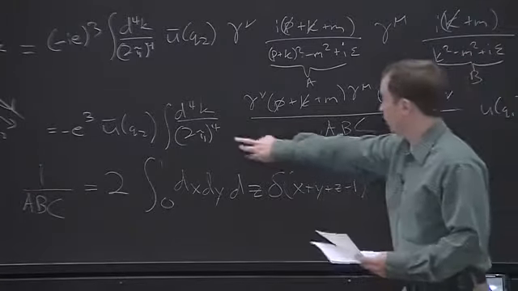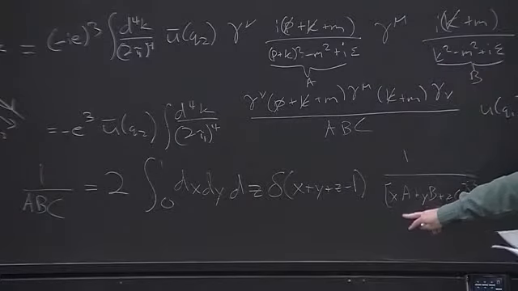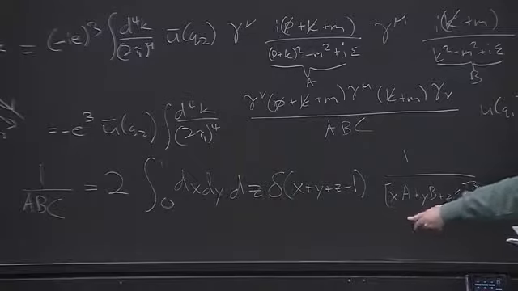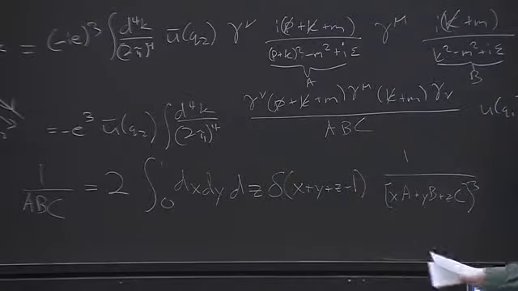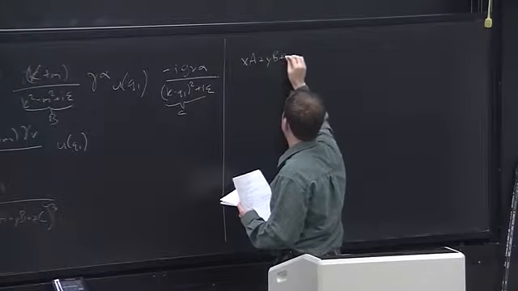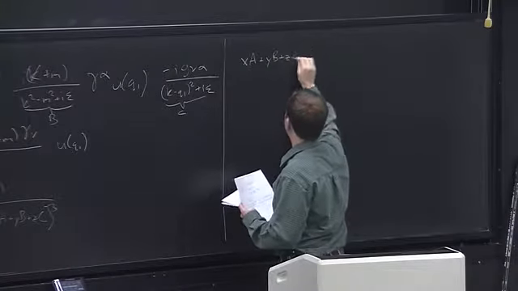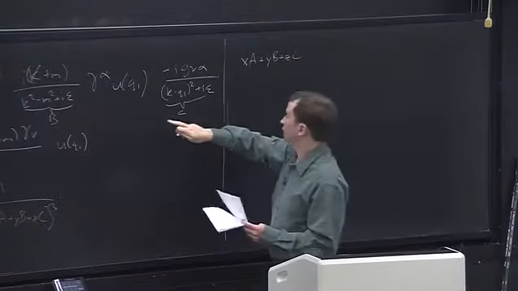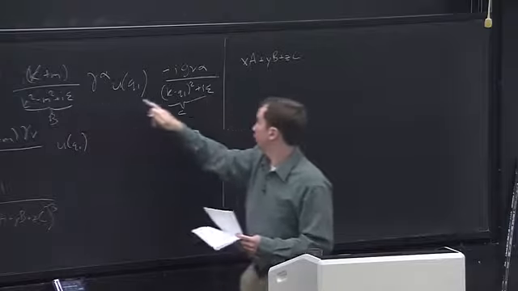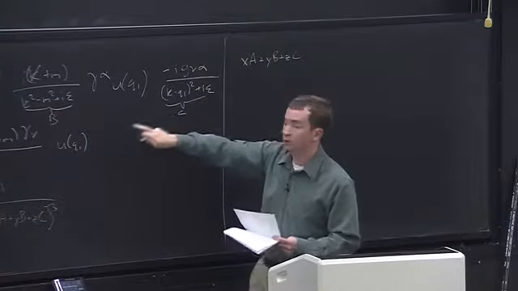In order to perform the k integral, we want to eliminate any linear terms in the denominator here. Then we can go to polar coordinates and evaluate the integral. So we want to write out xa plus yb plus zc, which is quadratic in k. But there's also linear terms from the cross terms in a and c.